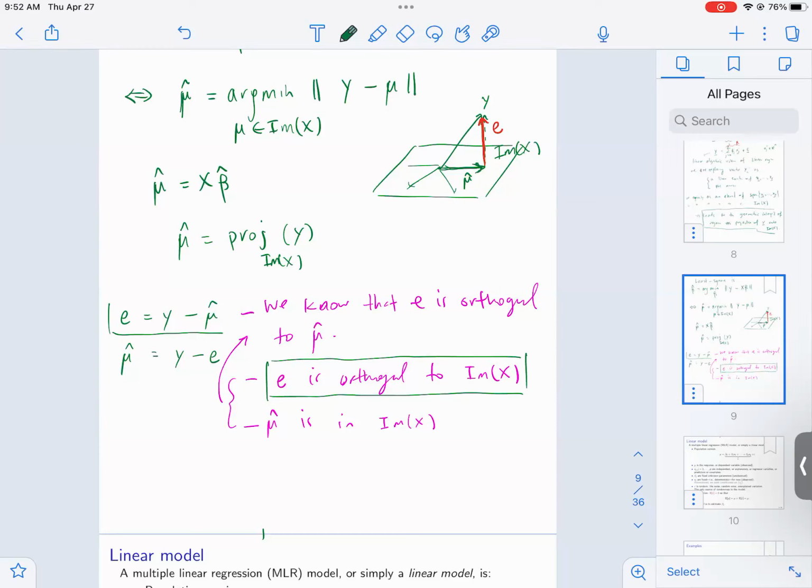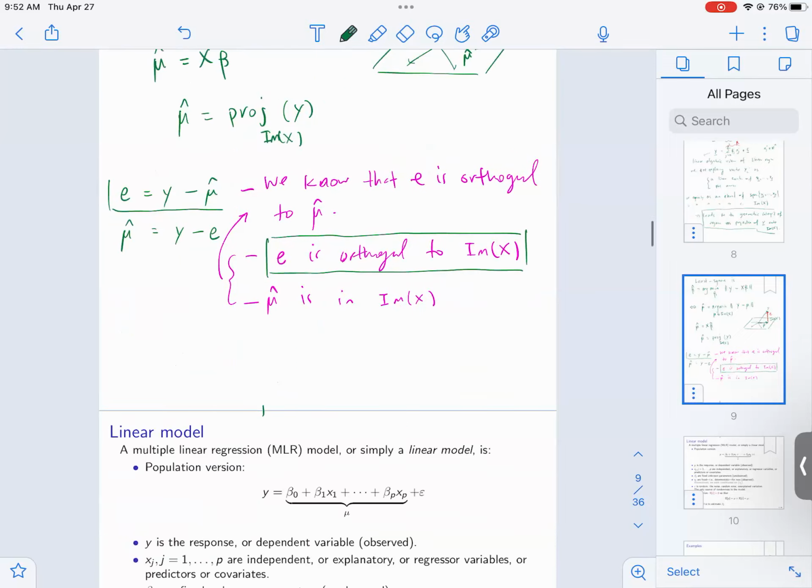So first, is this clear? Everyone happy? It's a very natural, intuitive notion. How can I write this down mathematically? Try to get something out of it. Yes, the inner product of E and mu hat is 0.